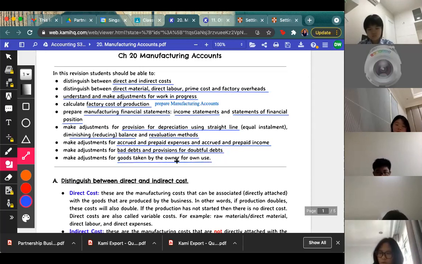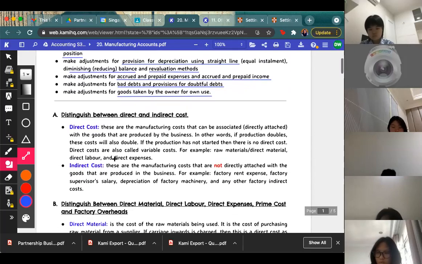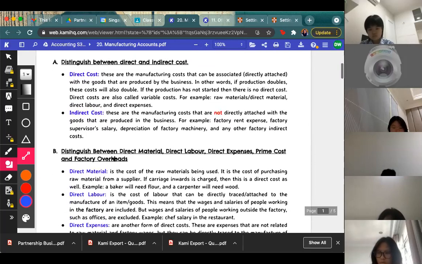All are the same, but the first financial statement that you will prepare is not the income statement anymore. You have to prepare manufacturing accounts first. This is the first step, and next, the income statement. In preparing manufacturing accounts, you have to learn new terms, and these terms will be discussed here.